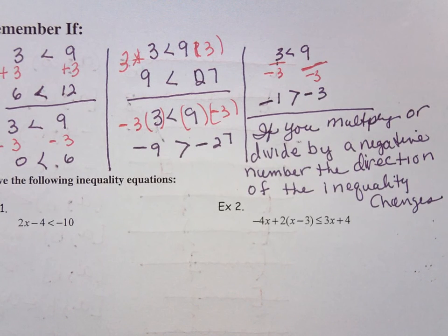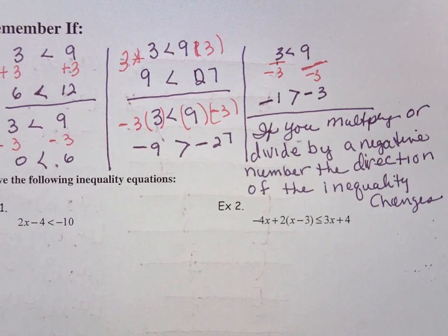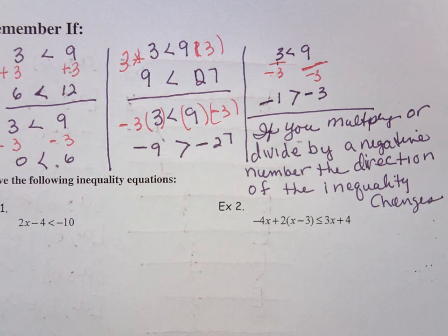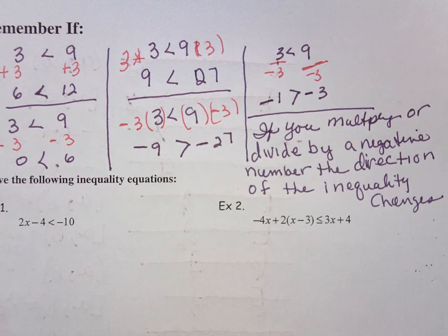The direction of the inequality changes. If you multiply or divide by a negative number, the direction of the inequality changes. It changes the order of things on the number line.